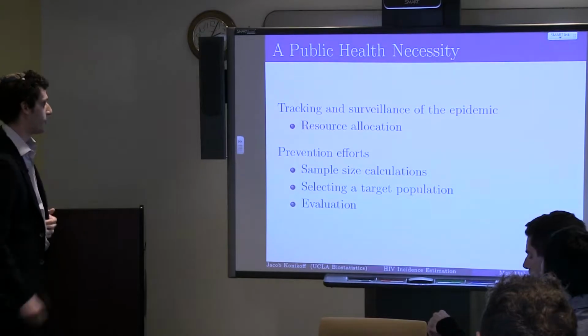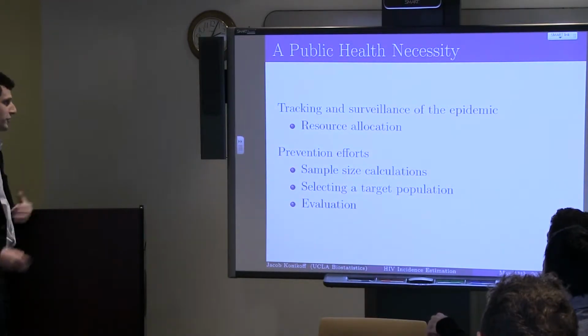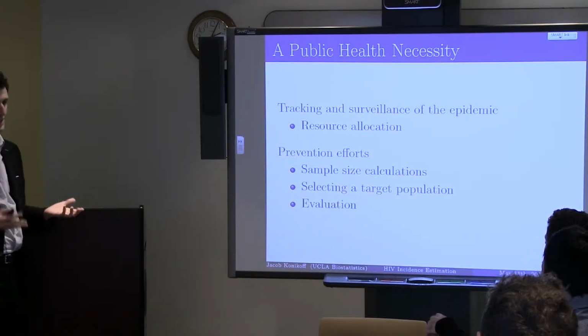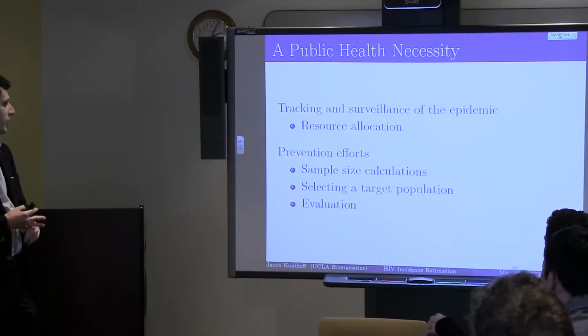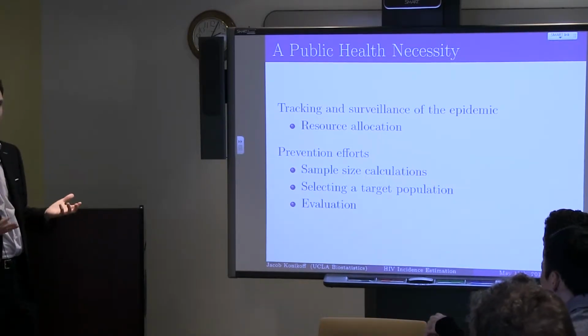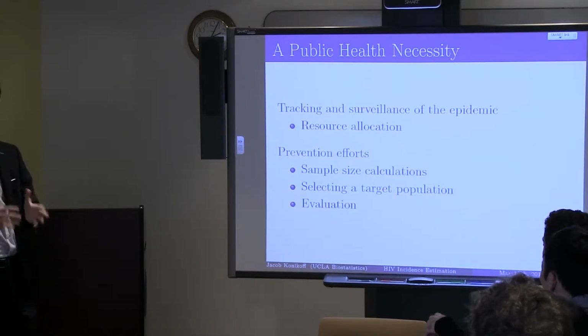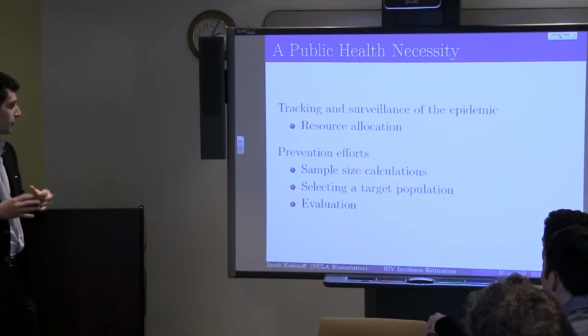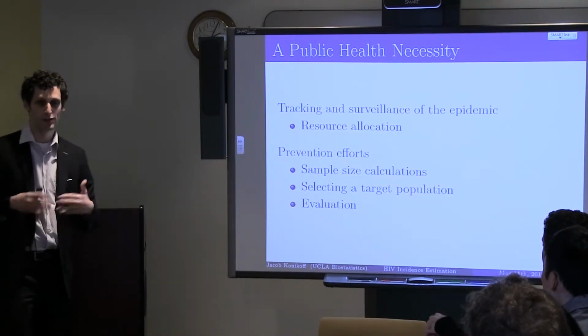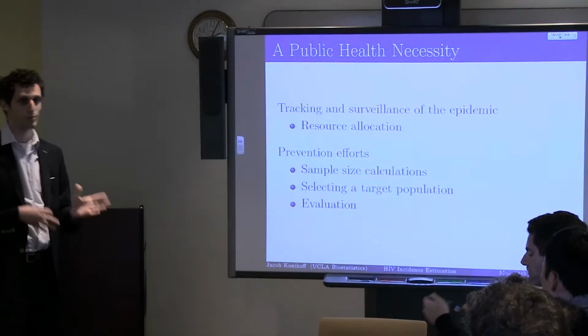And why do we care? Well, I think there are two main reasons. One is tracking and surveillance of the epidemic, which has a lot to do with resource allocation. So if you know where the infections are occurring now, you can try to stop them, you can try to curb the epidemic in those locations, and also you can plan for the future.